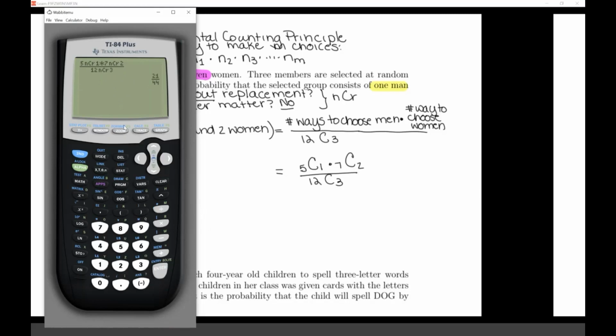Because I used the fraction template on the TI-84, it renders the answer as a fraction, 21 over 44. You just divide 21 by 44 to see it as a decimal, and you can see it's almost 0.48, which is really close to half. So we did get a probability really close to half.